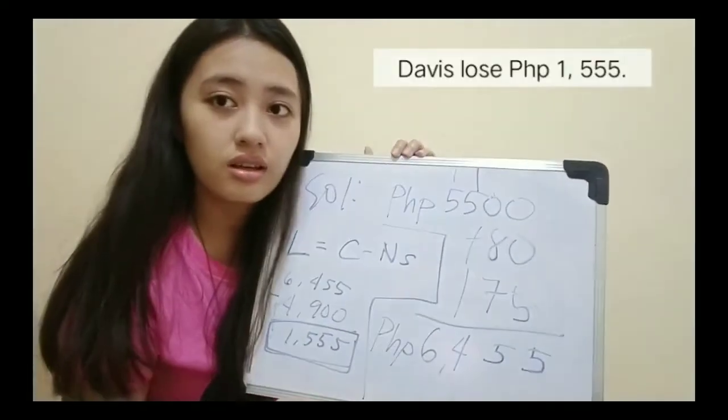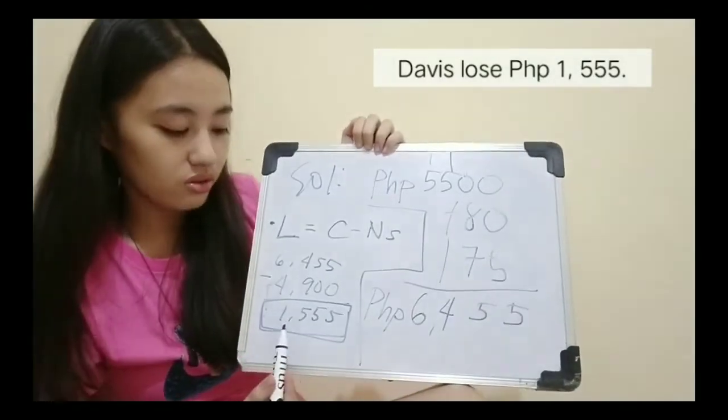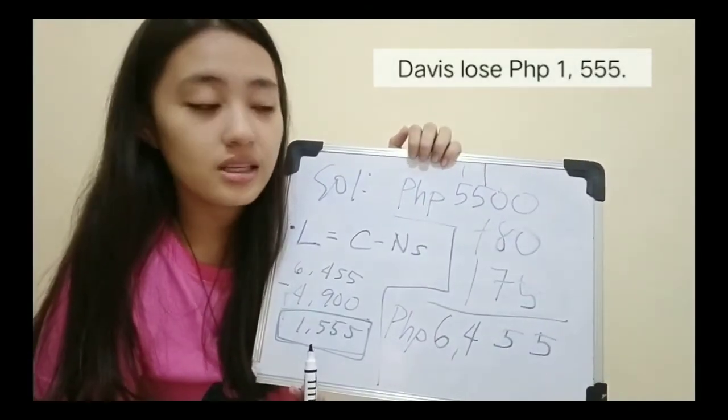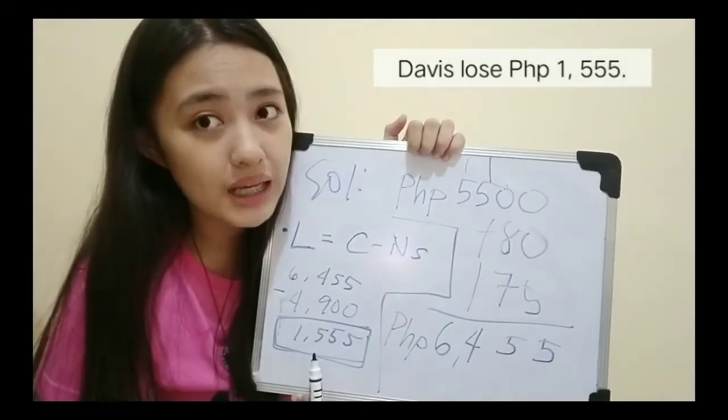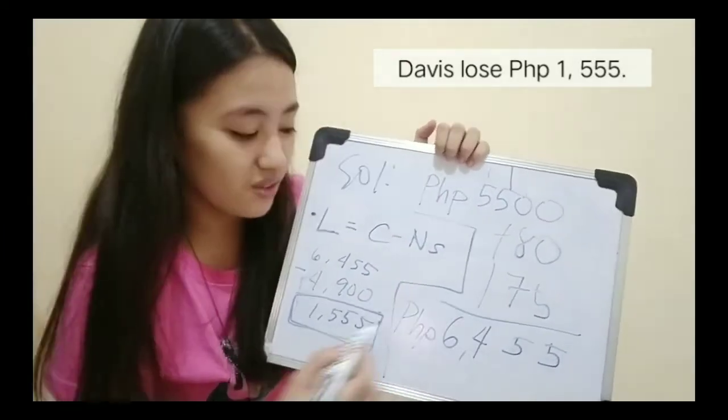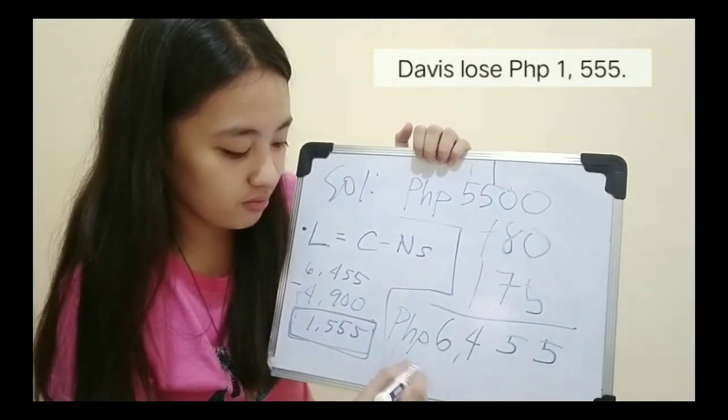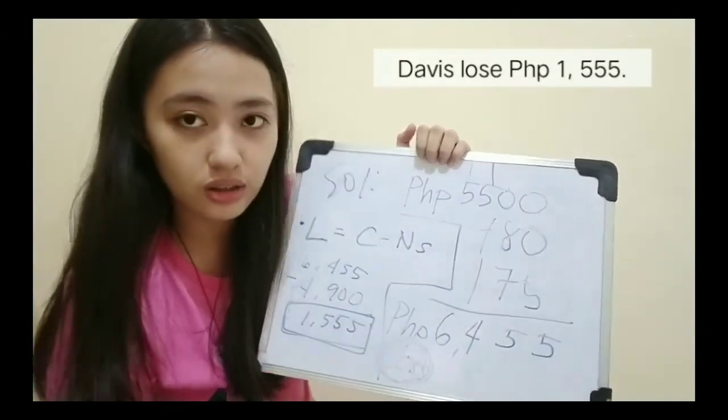So, nalugi siya. He lost 1,555 sa pagbenta niya ng cycle na mas mura pa sa nagastos niya. So, it's a loss. This problem is a loss.